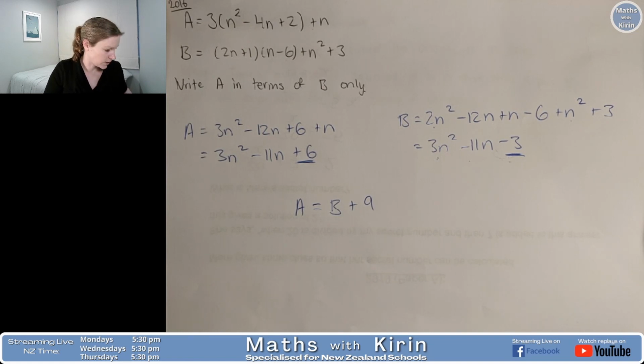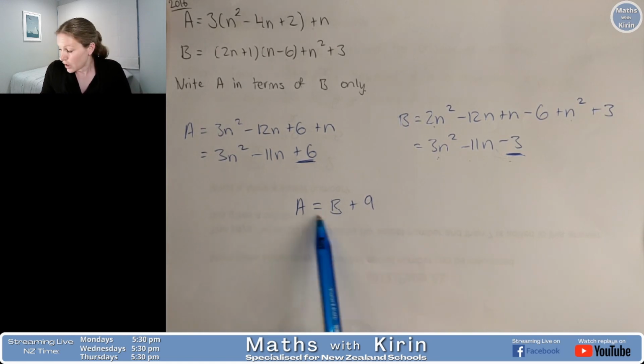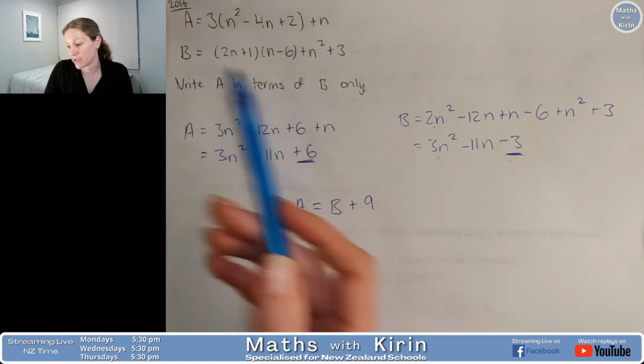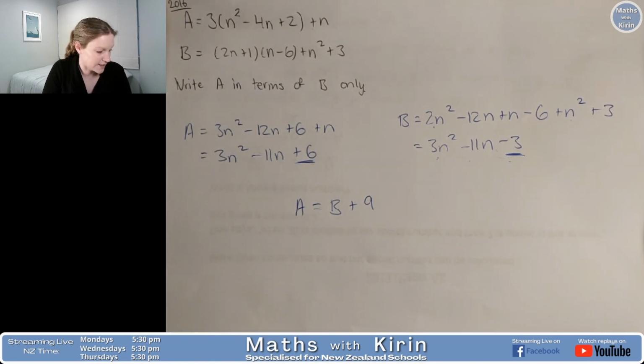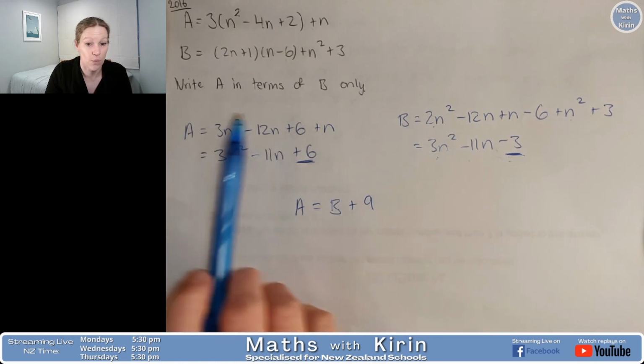Okay, so for this question, if you get all the way through and you get a equals b plus 9, and you've obviously shown your working and how you got there, then that's excellent. For achieved, you correctly expand either A or B, one or the other.